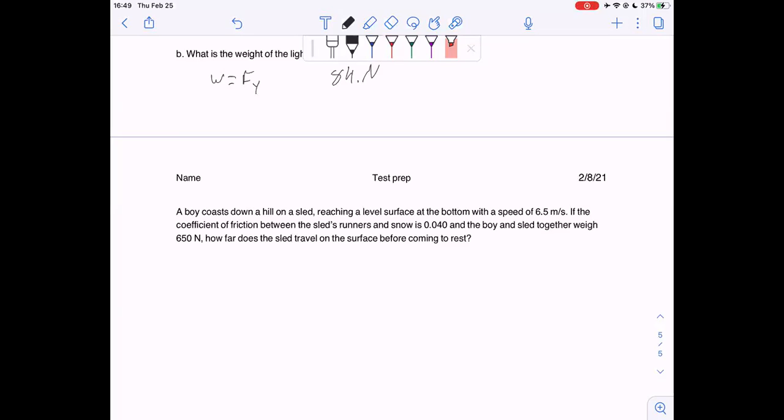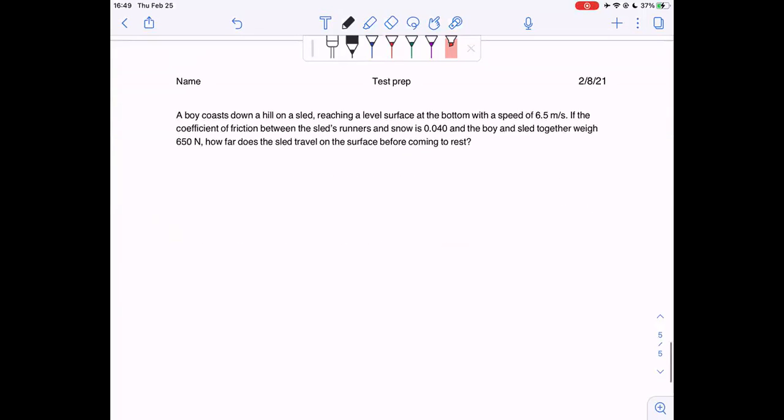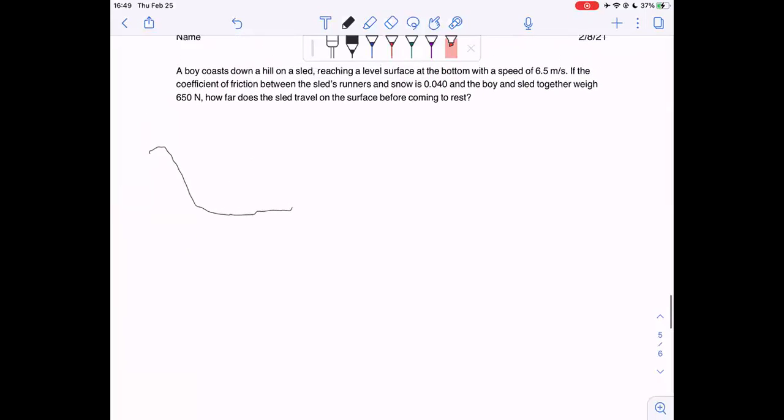So first, draw it out, label it, make it a free body diagram. That's the word I was looking for. So we go down a hill, then we find a level surface, level-ish, so we have our little particle down here.